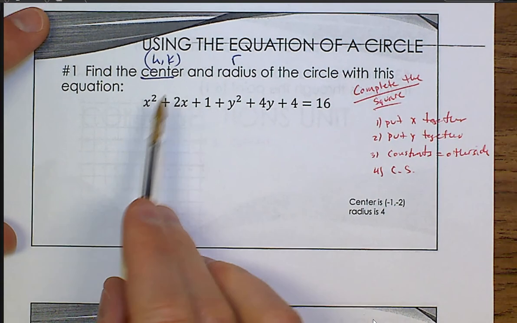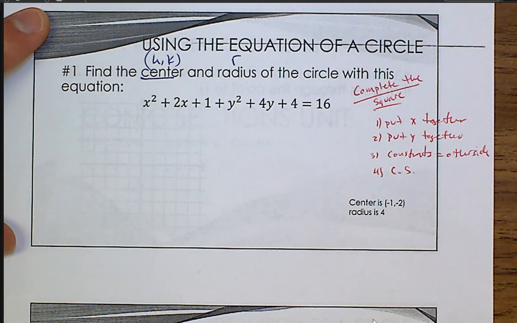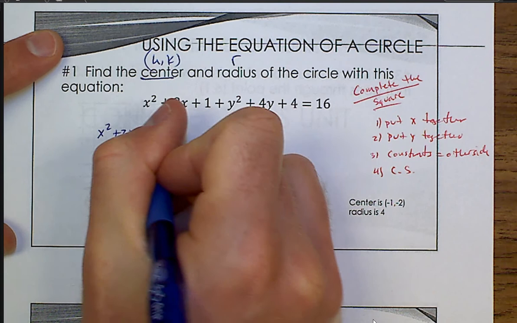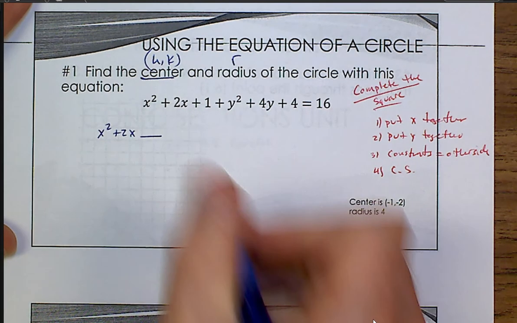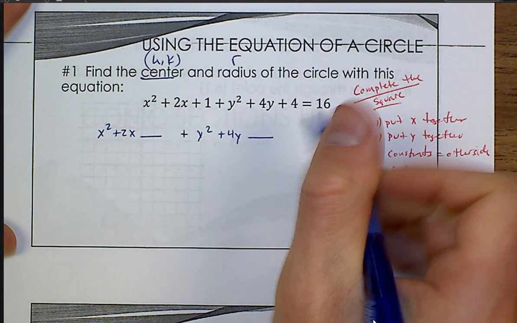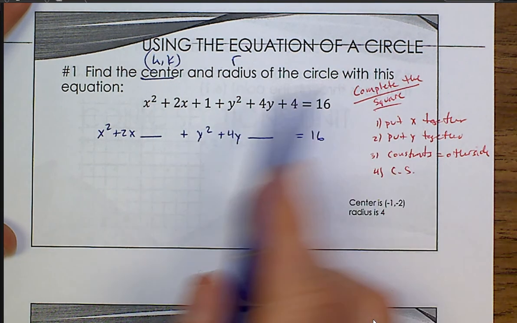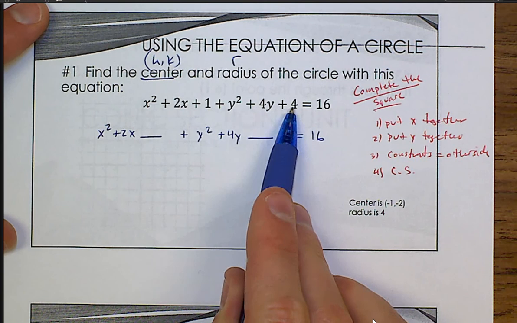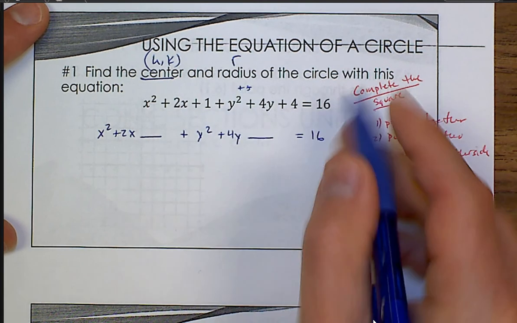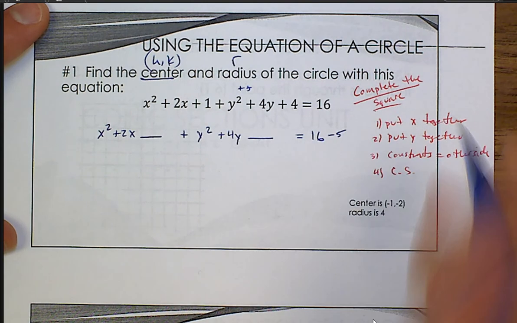I've got x squared and 2x together, so I'm going to go x squared plus 2x. I'm going to leave some space, right, to complete the square. Plus, I've got my y squared plus 4y. I'm going to leave some space, equals 16. Now I have this plus 1 and plus 4, which would be plus 5 on this side, but I'm going to subtract it. So I'm going to subtract 5 there, which would be 11.